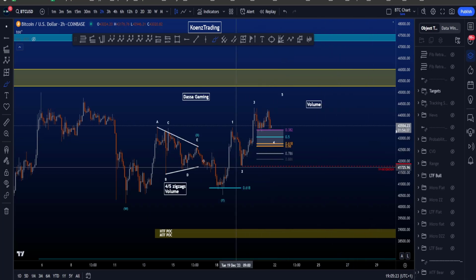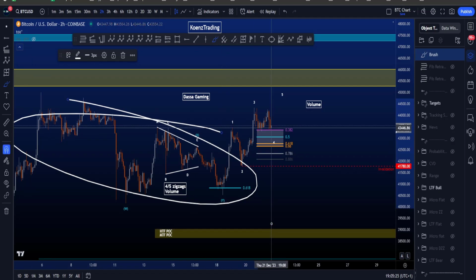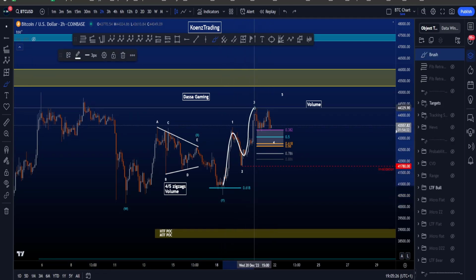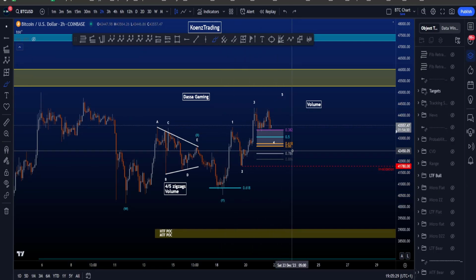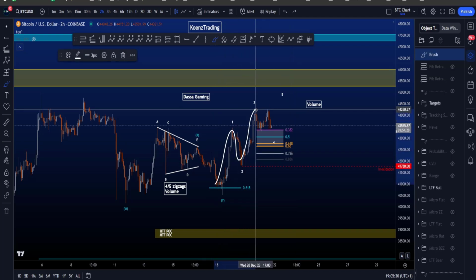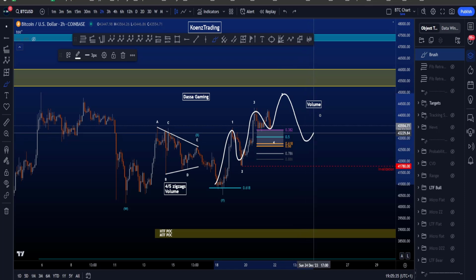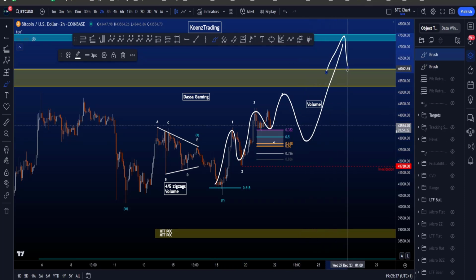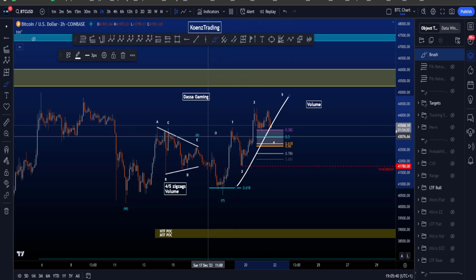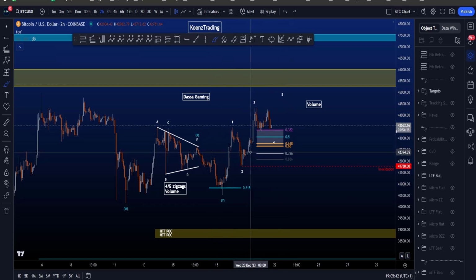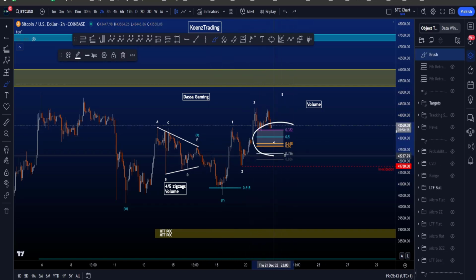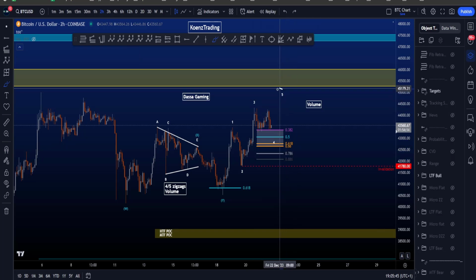Now, in the bullish scenario, we are already finished over here, and we are looking for the beginning of a bigger impulsive structure. Here we are then looking for a 1, 2, 3, 4, potentially a 5. Then we're looking for a retracement in a 2 and continuation to the upside in a wave 3. So now this diagonal becomes a leading diagonal. Target area for a wave 4 is exactly the same.